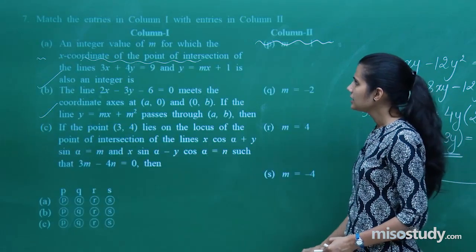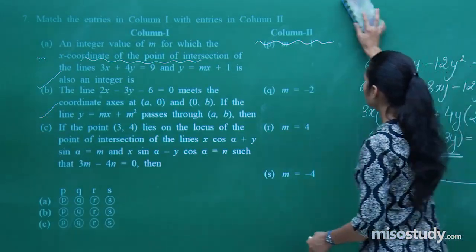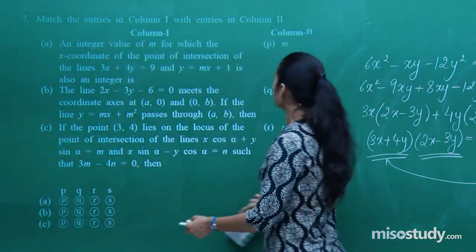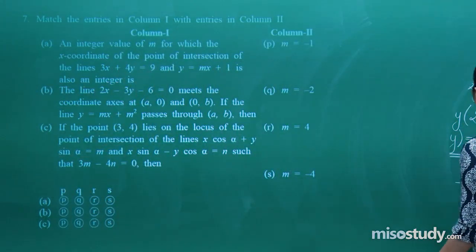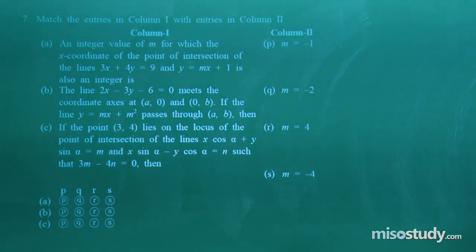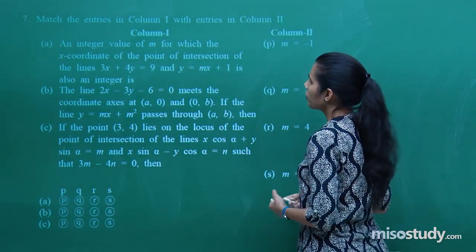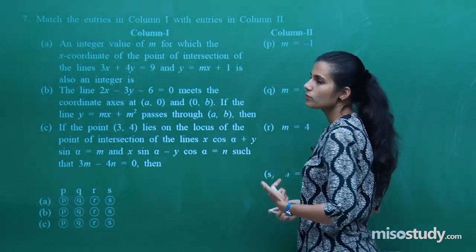Next question says, match the entries in column 1 with the appropriate entries in column 2. First one says: an integral value of m for which the x coordinate of the point of intersection of these two lines is also an integer.